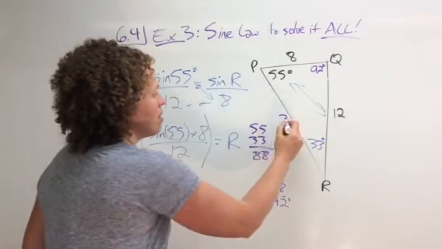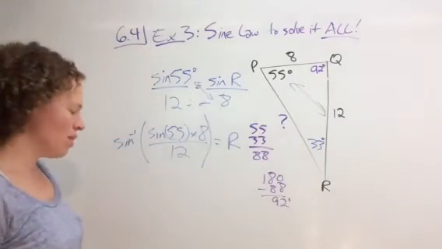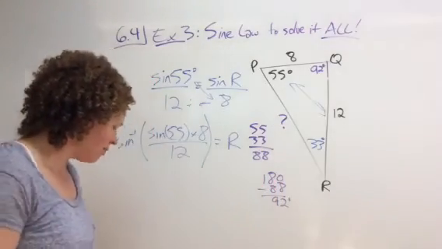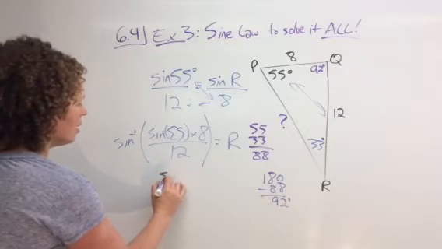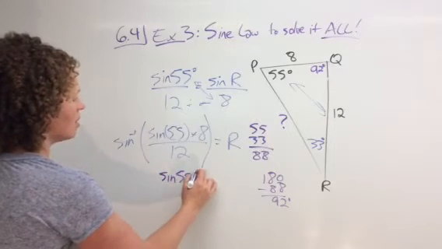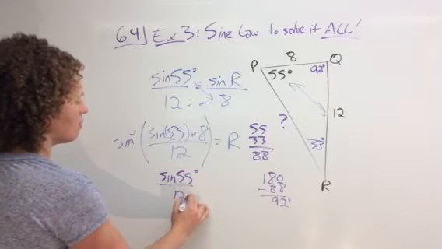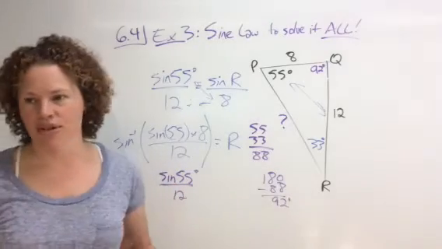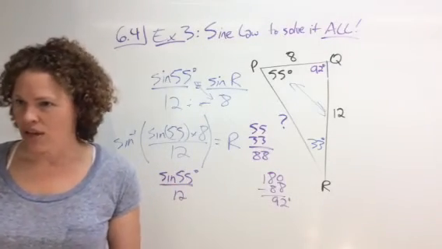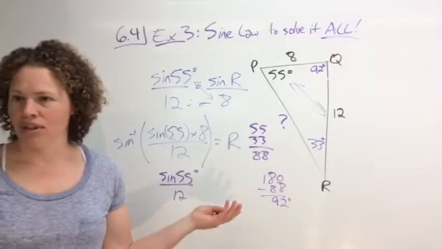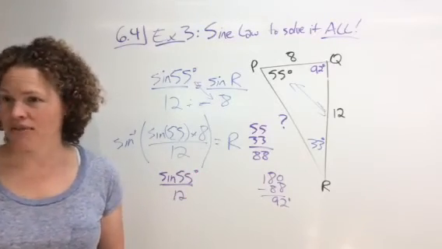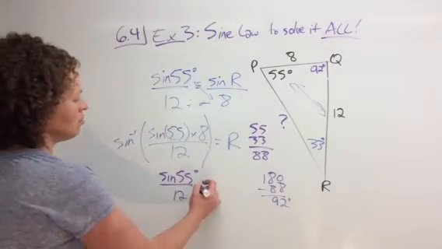Awesome. One thing left to do. I need to solve this side. So now we go back to the sine law, and I would honestly do sine 55 over 12 again, because those are the numbers that the question gave you. In case you messed yours up, you don't want to perpetuate that error any more than you have to, so you want to use the original numbers.